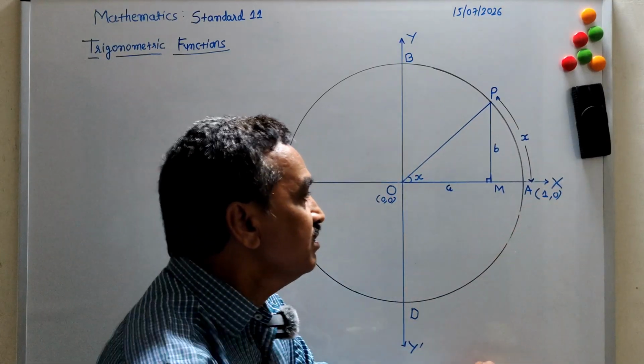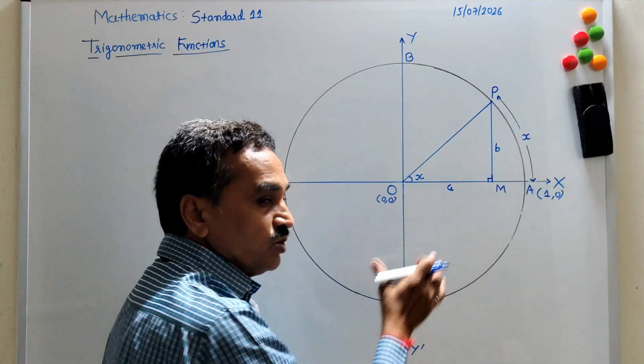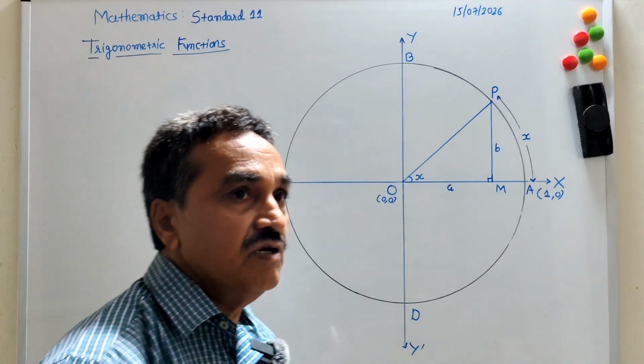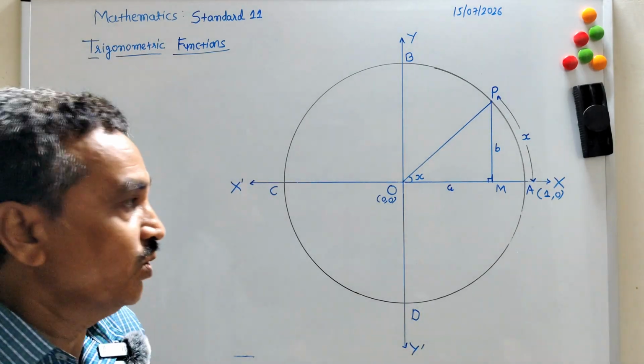Why X is 1? Because we have taken this unit circle, and in the unit circle we very well know that the radius is always 1.